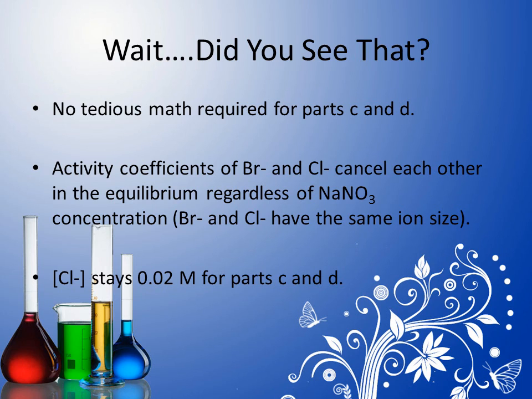Since Br- and Cl- have the same ion size, their activity coefficients will always be the same and will always cancel each other in the equilibrium, regardless of NaNO3 concentration. It doesn't matter how much the ionic strength changes, because as long as the ion size is the same, the activity coefficient in the end will always be the same. Since they always cancel each other out, the concentration of Cl- will always be 0.02 molar, even in C and D.